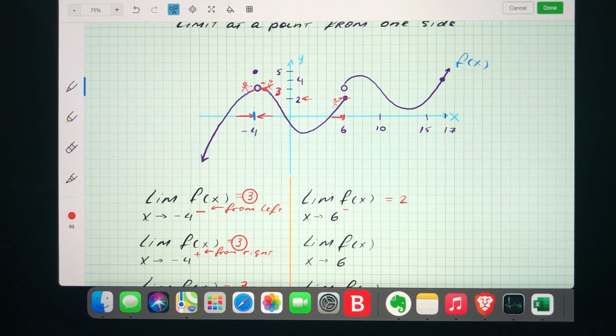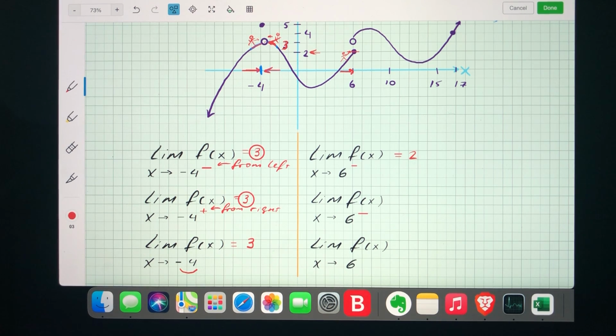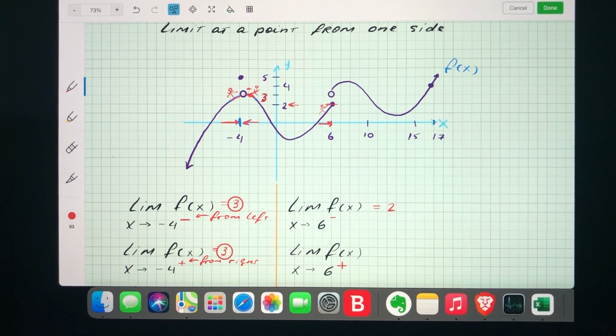Now, as we go from the right side, from the plus, we are moving as close as possible to this 6, but now we're traveling on the other curve, and we're trying to get as close as possible to the 6, which means we're asking, what is this height? And this height is equal to 3. So from the right, the limit is 3.